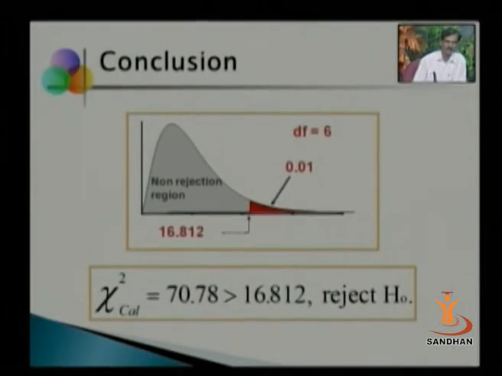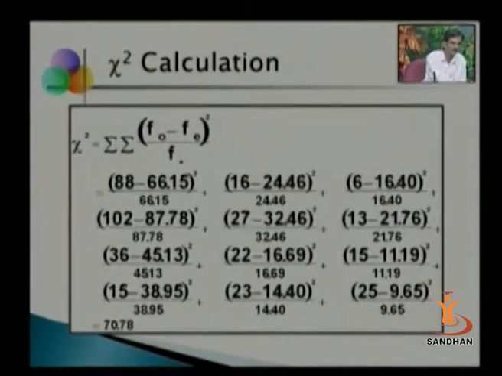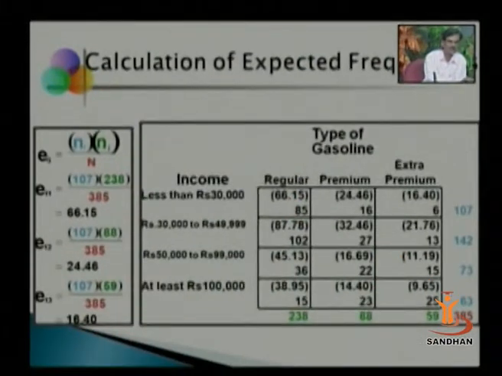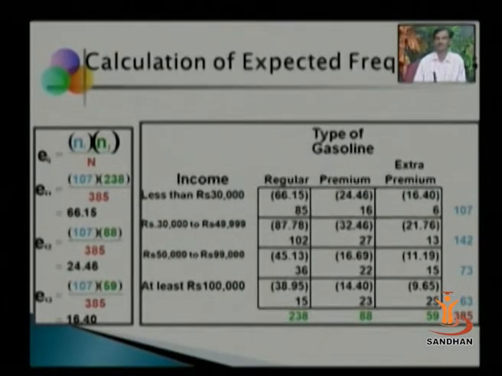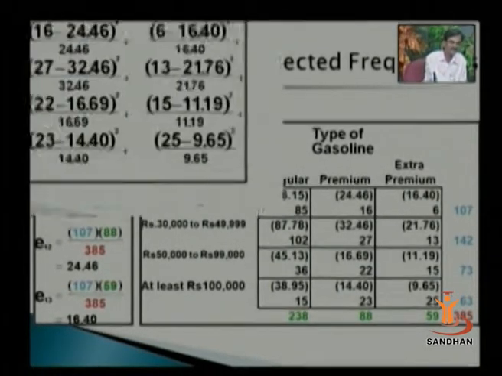So chi-square calculated for our example is 70.78. Now what about the degrees of freedom? Since we have a 4 by 3 contingency table, the degrees of freedom is (4 minus 1) into (3 minus 1), that is 3 into 2, which is 6.